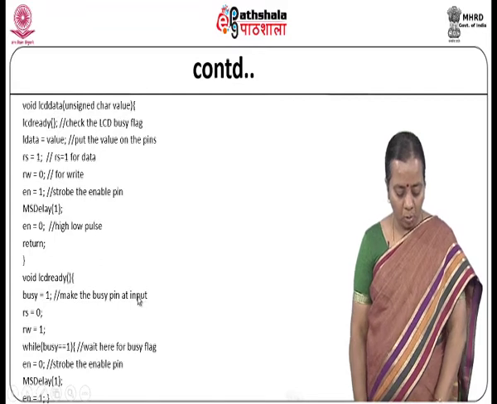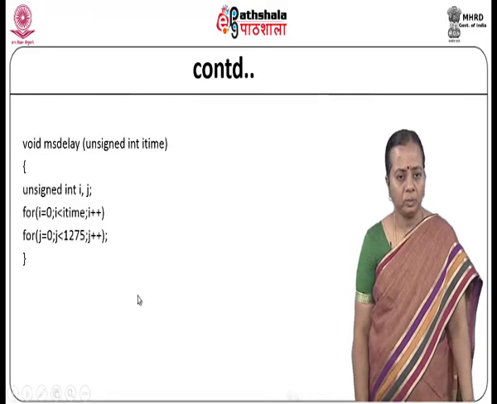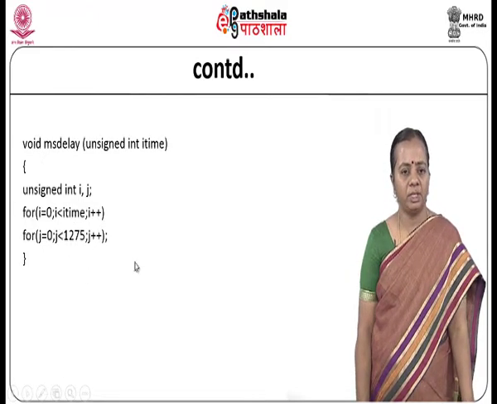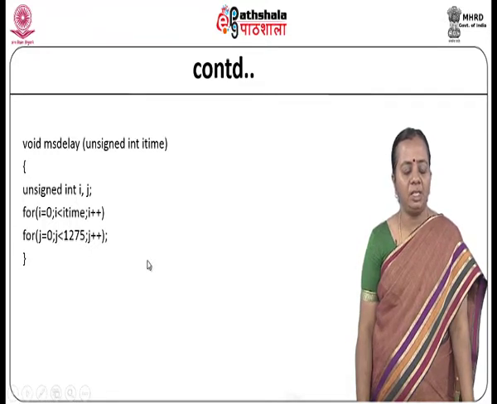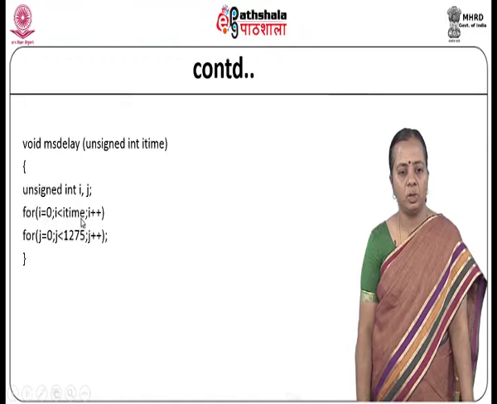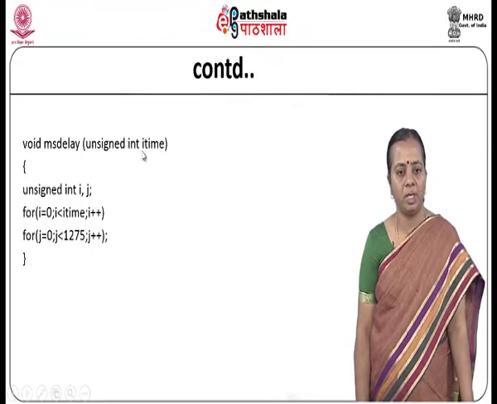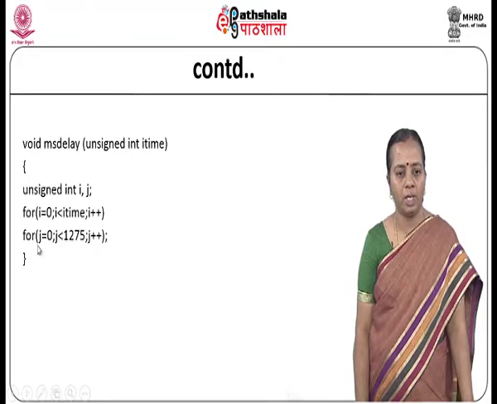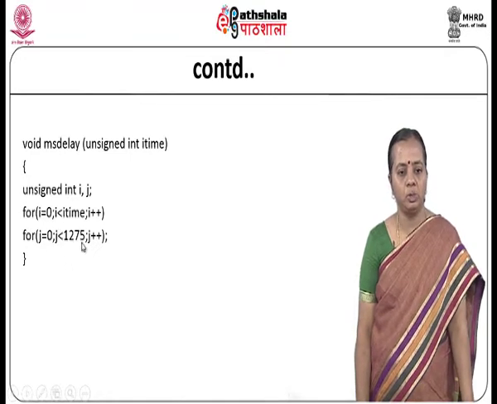So, this code says how to interact with the LCD. But anyway, for each and every command I send, I need to insert a delay in between, because the LCD needs some time to recognize the commands. So for that there is an unsigned integer i, j, where i ranges from 0 to itime, which is how many milliseconds I want to delay, and j ranges from 0 to 1275.